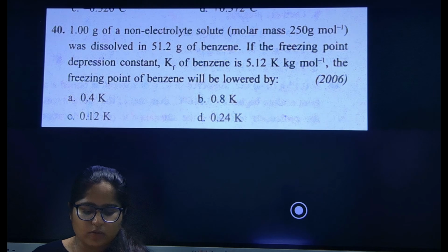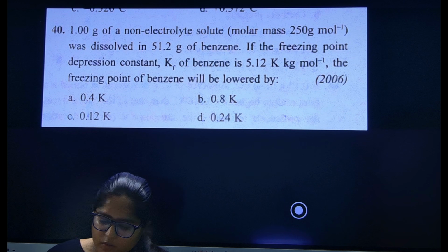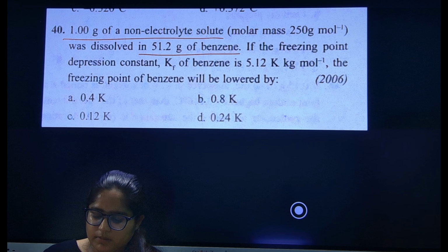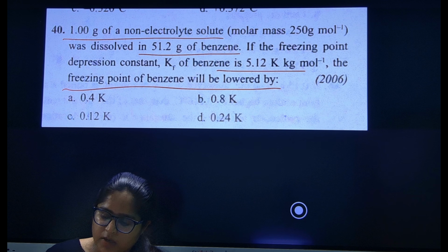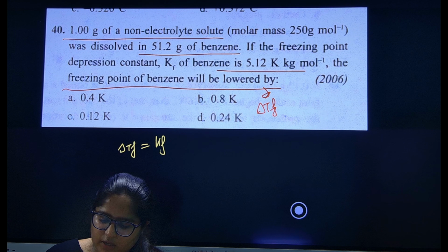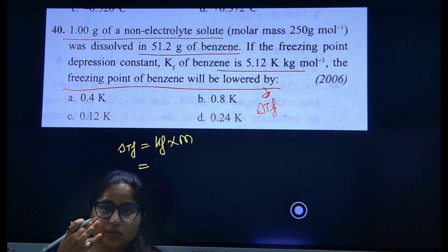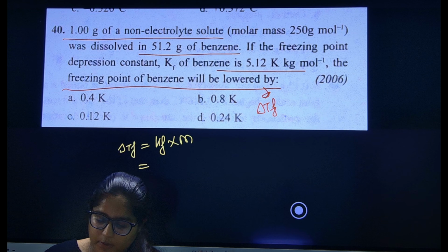Now let us see our question number 40. 1 gram of a non-electrolyte solute was dissolved in this much gram of benzene. Mass of solute given, mass of benzene given. Kf given 5.12. The freezing point of benzene will be lowered by, means what they are asking, delta Tf. Very simple question. So delta TF equal to we know KF into m, benzene neither associate nor dissociate, i will be one, normal colligative property. KF is given 5.12.